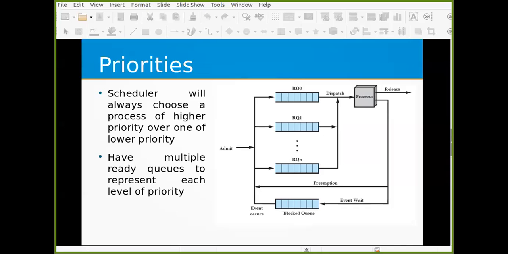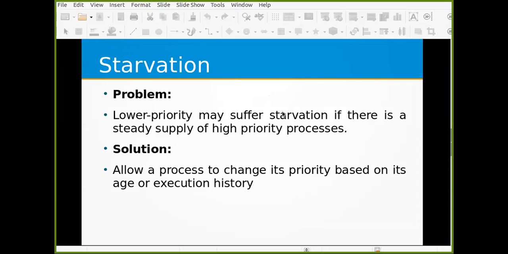Even if that person's father has passed away, his elder brother will become king and he won't get a chance. So this is starvation. This process will never get a chance to run, because at any point of time there is at least one process in any of these two queues. That is called starvation. Lower priority processes may suffer starvation if there is a steady supply of higher priority processes.